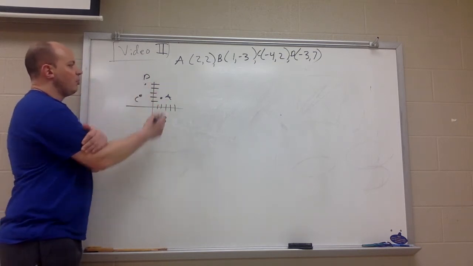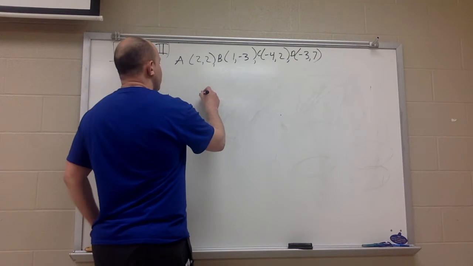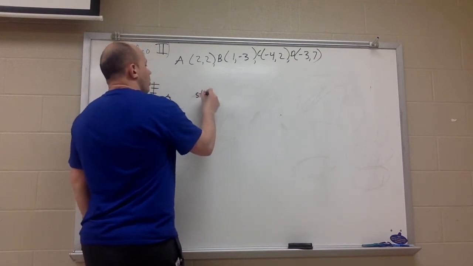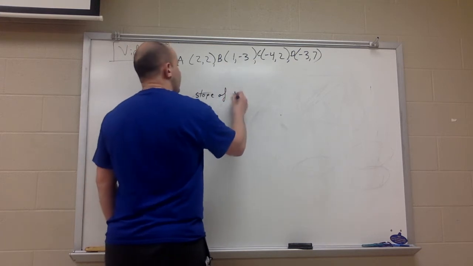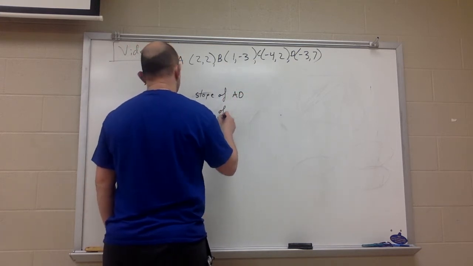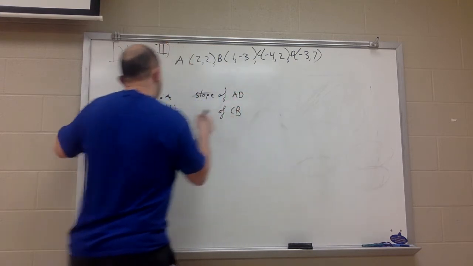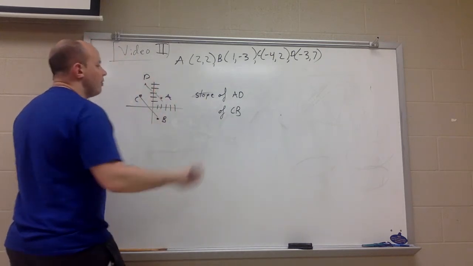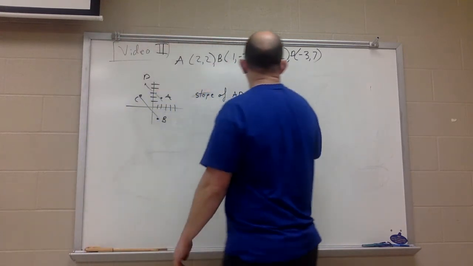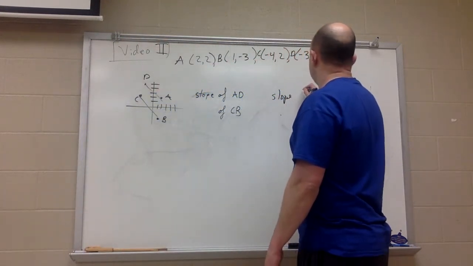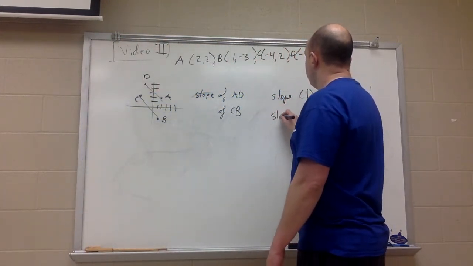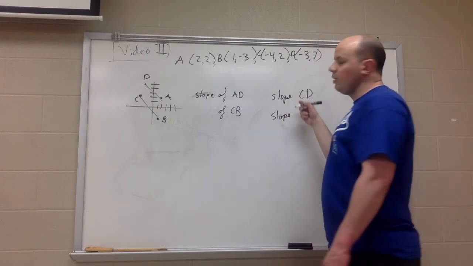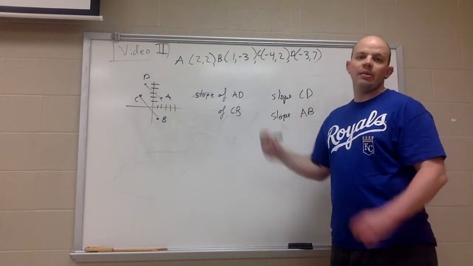You can find the slope of AD and of CB, and they should be the same, right? These 2 lines should be the same slope. Then if that's true, find the slope of CD and the slope of AB. And if these 2 are the same and these 2 are the same, then opposites are parallel.